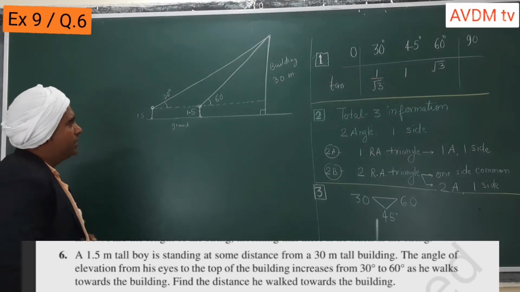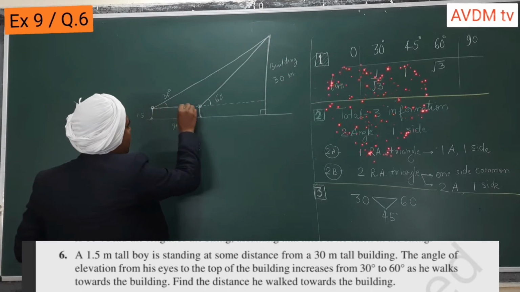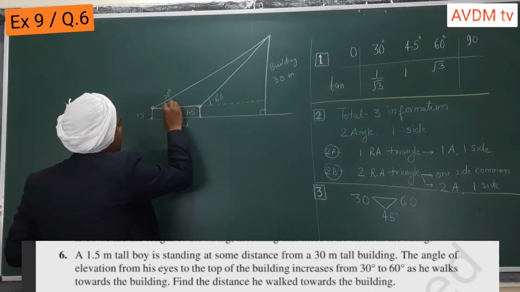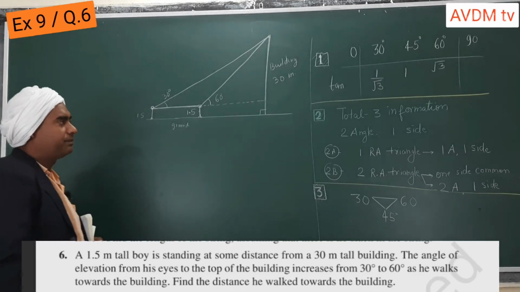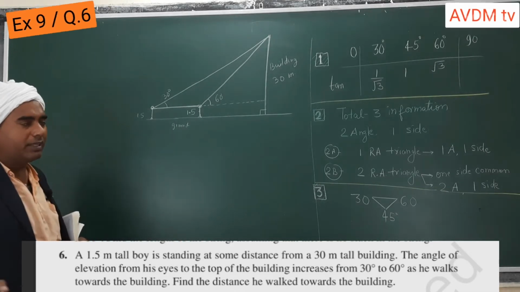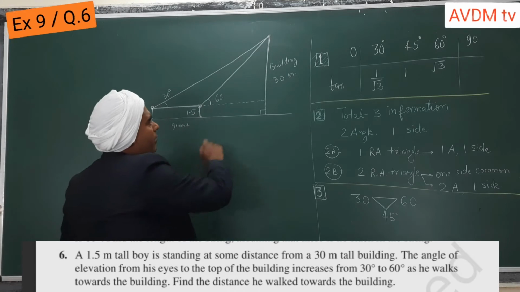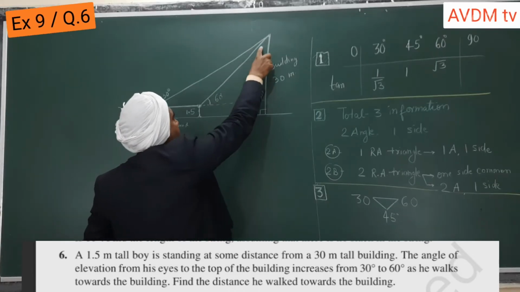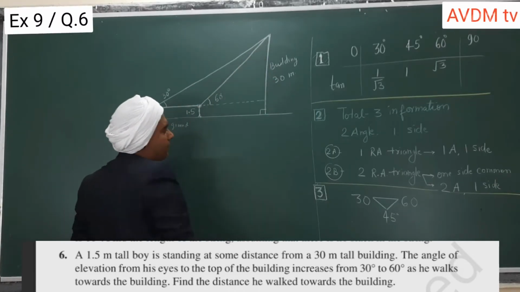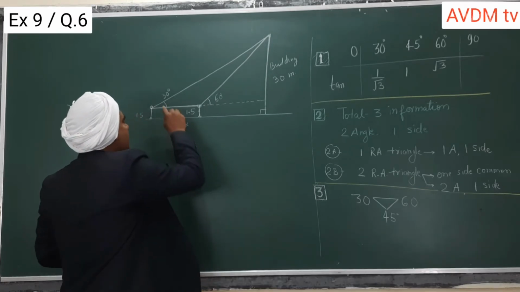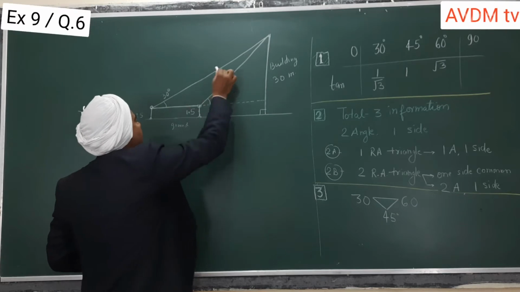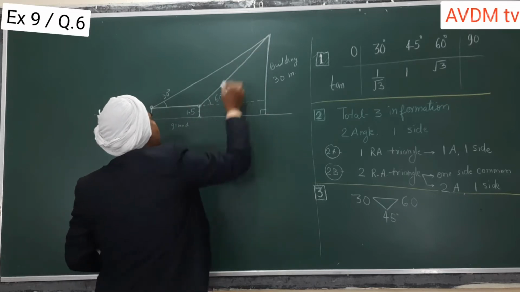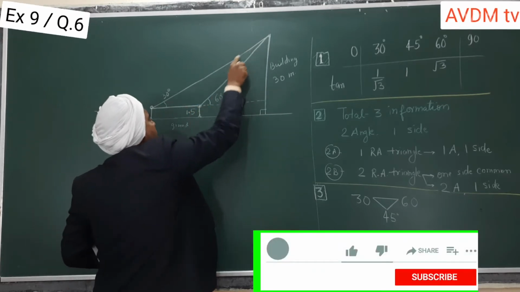So the question is, what is this distance which he has moved? You can see here there are two right angle triangles, one is this and one is above this one, or you may say this is an obtuse angle triangle also.